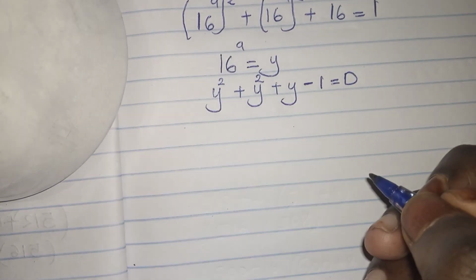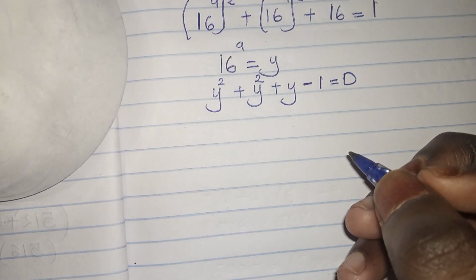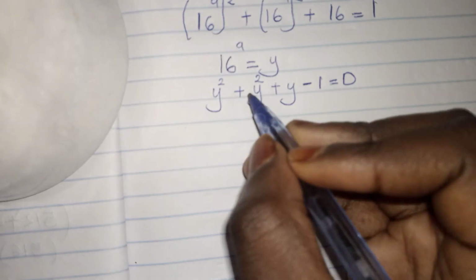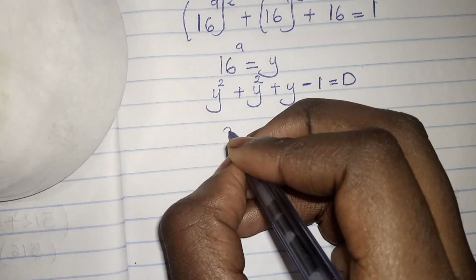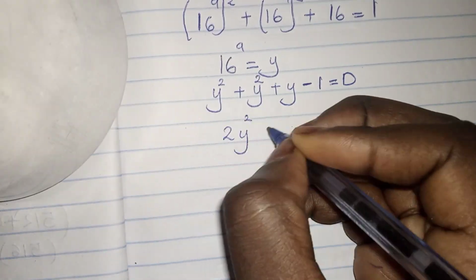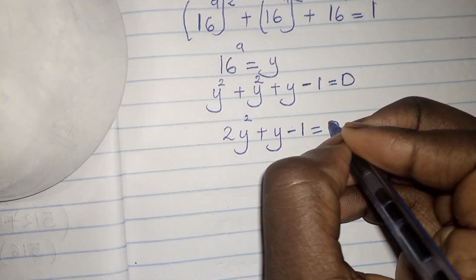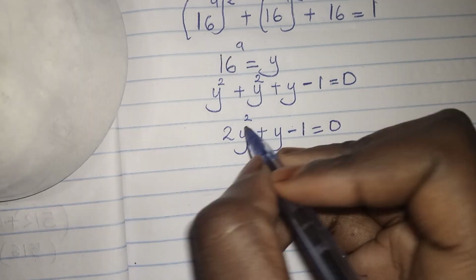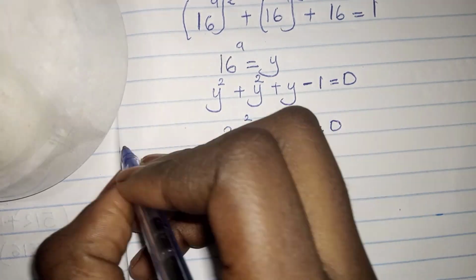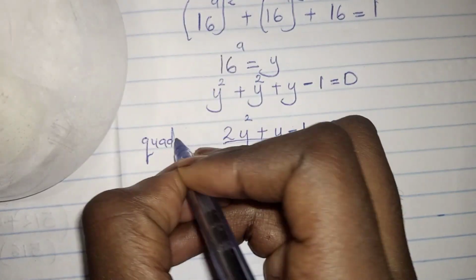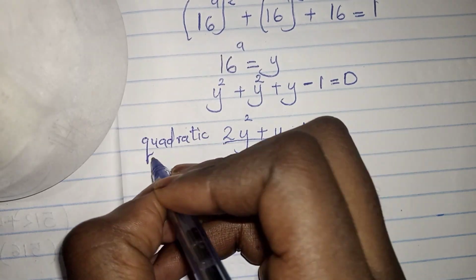Okay, we have formed something like a quadratic equation. So y squared plus y squared, this will be 2y squared plus y minus 1 is equal to 0, right? So this is a quadratic equation.